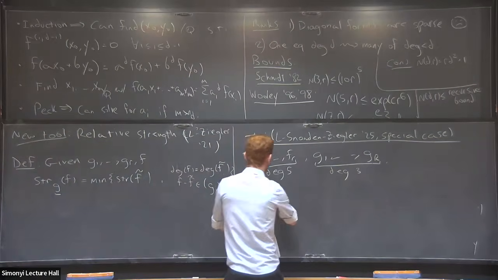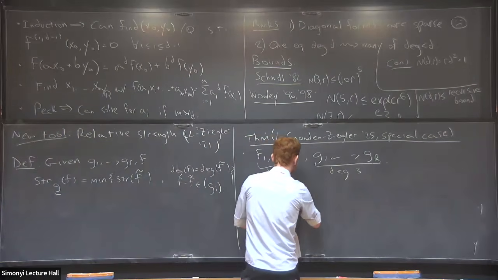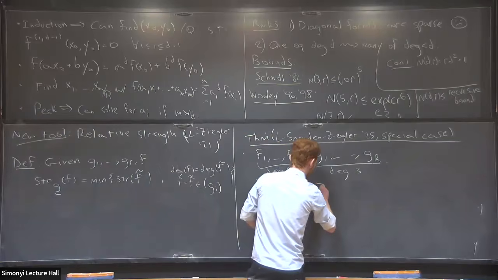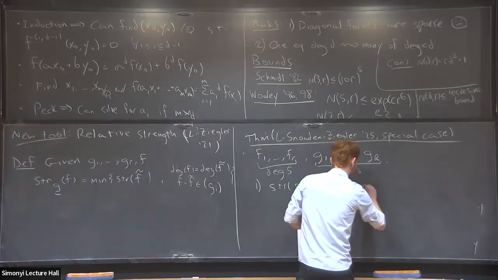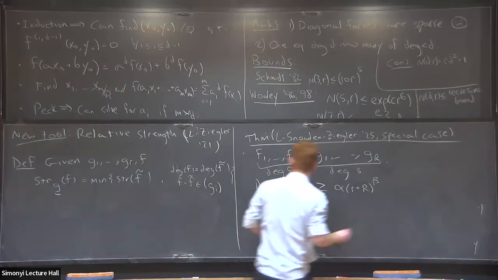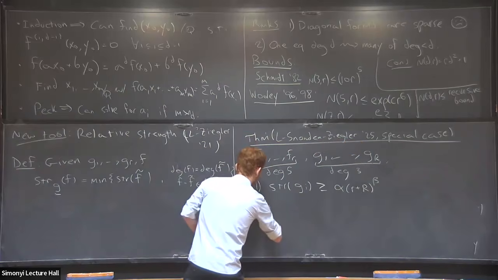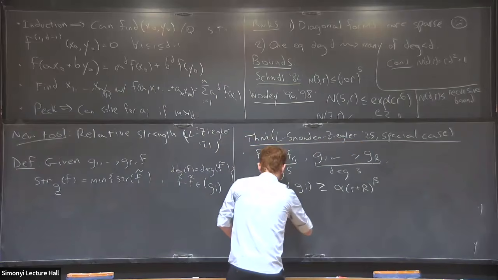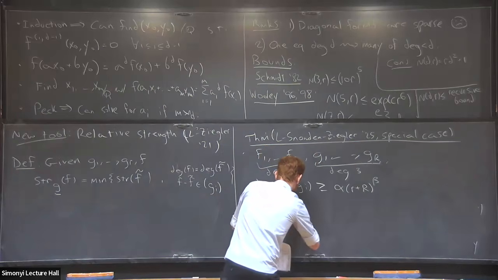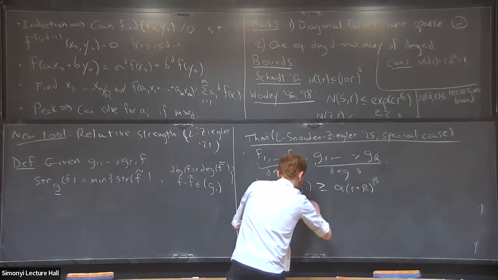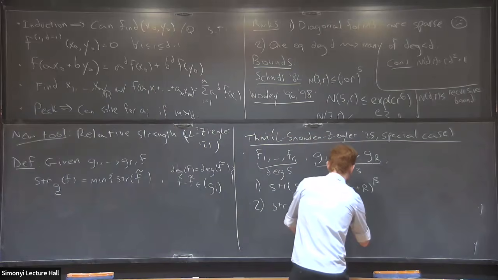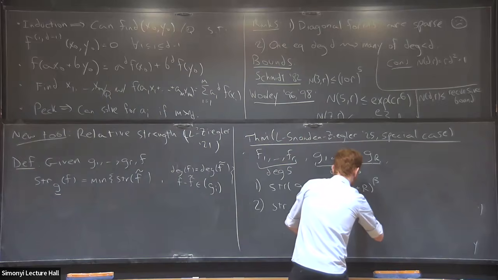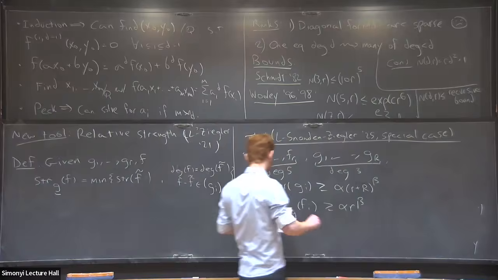Our hypotheses are that the strength of the cubics is larger than some polynomial in the total number of equations, and the relative strength of the quintics is larger than the same polynomial, say, but only in the number of quintic equations.